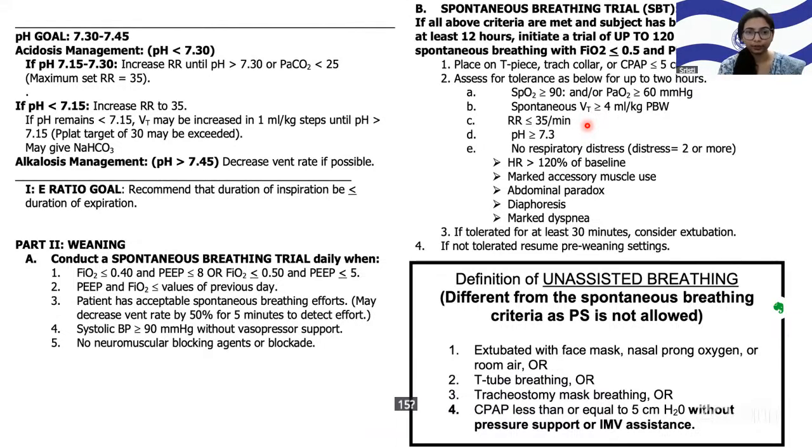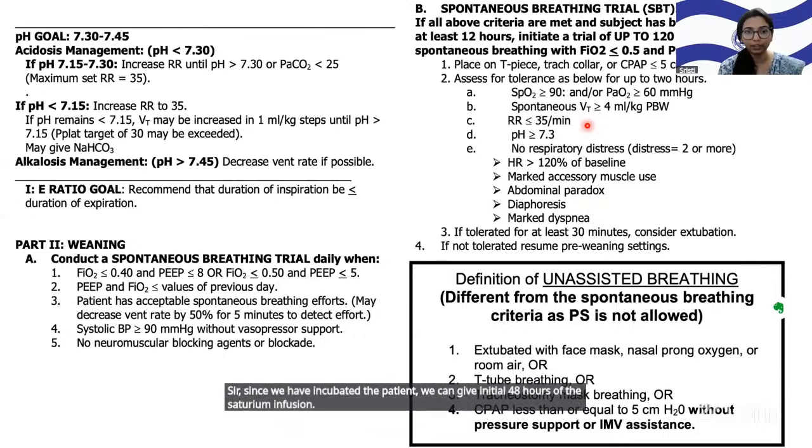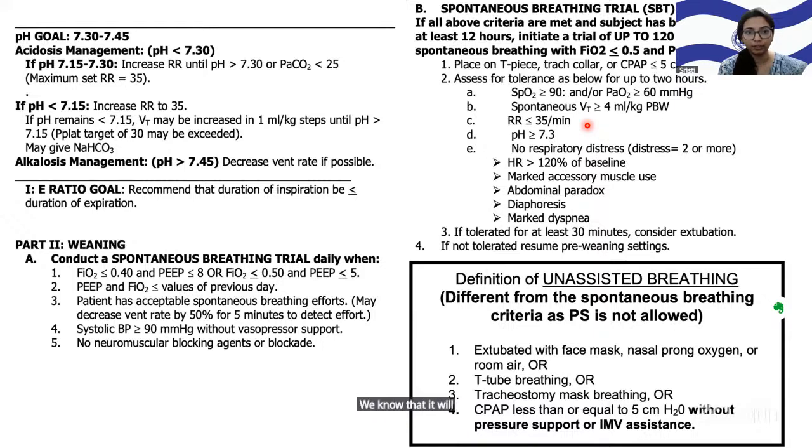Sir, since we have intubated the patient, we can give an initial 48 hours of atracurium infusion. As the patient's PF ratio was deteriorating, if we continue the neuromuscular blocker infusion, we know that it will improve the oxygenation of the patient and decrease the patient ventilator asynchrony. Right. So these are the advantages of using neuromuscular blockades.